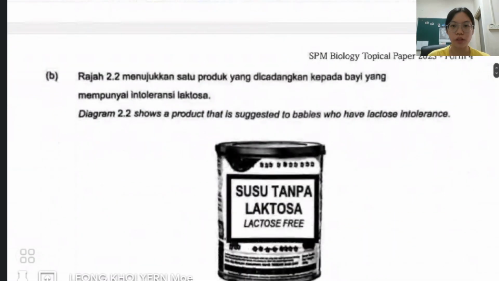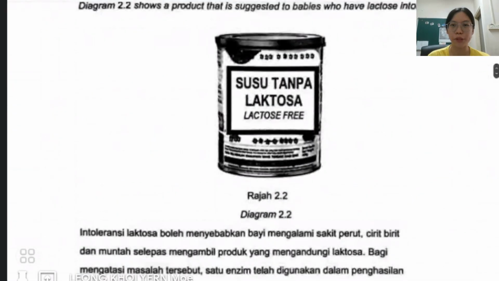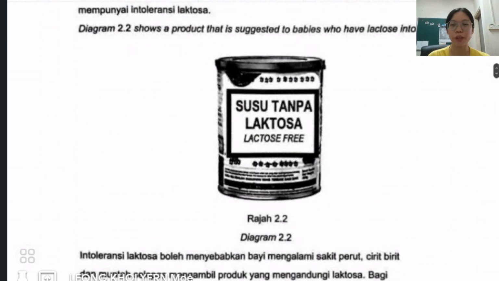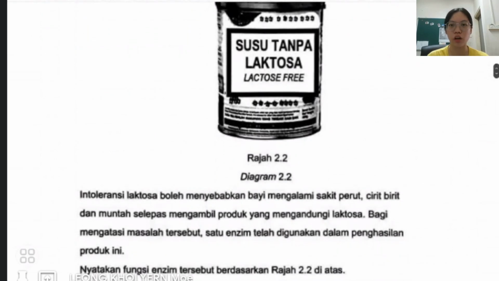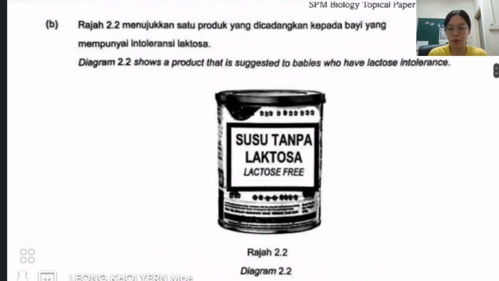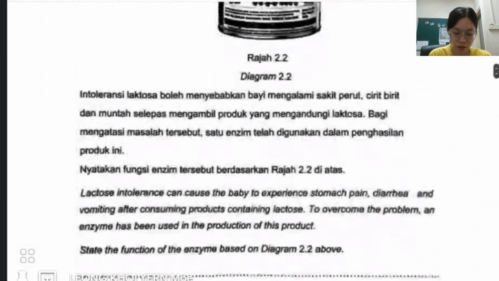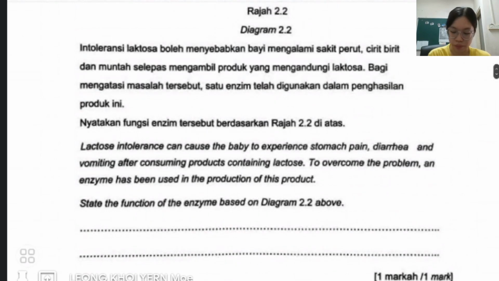And moving on to this lactose-free milk. Okay, people who have babies who have lactose intolerance means their body probably lacks this lactase enzyme or can't produce much. Yeah, so lactose intolerance can be caused by baby.